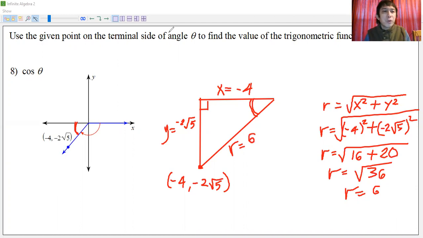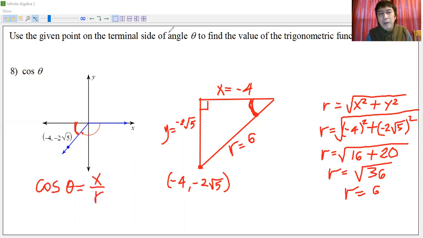Now, we're ready to compute our cosine. This will involve the x and the r, because our x is our adjacent side to this angle, and our y is the opposite side, and cosine will not involve the opposite side. So our cosine theta will be x over r.